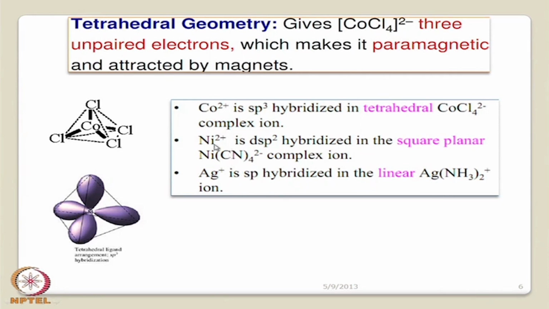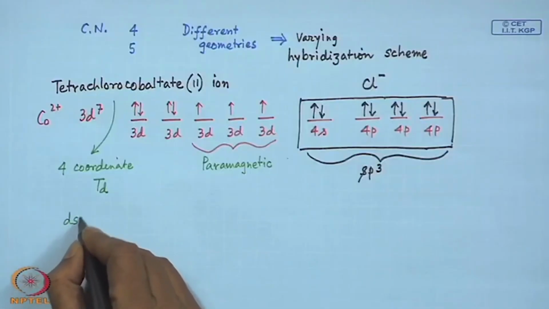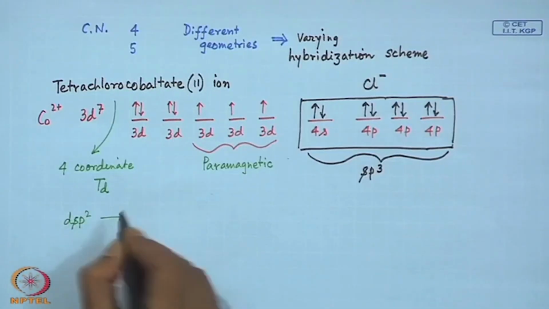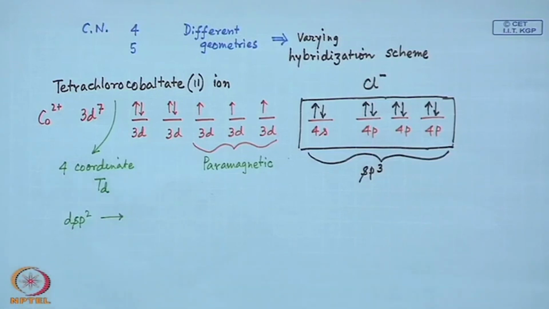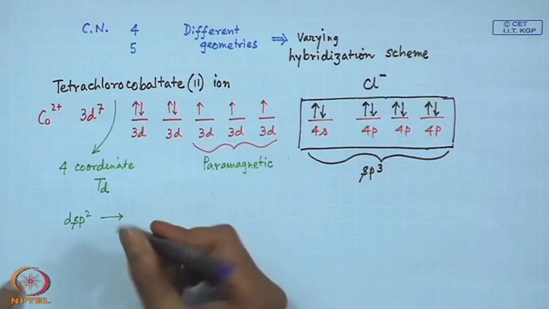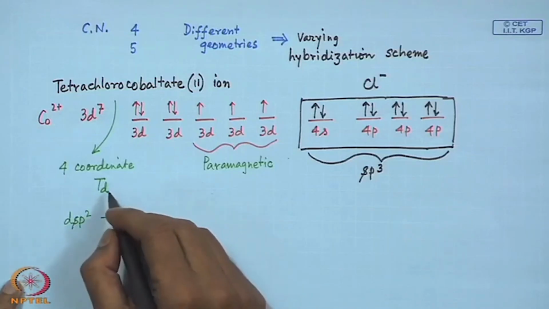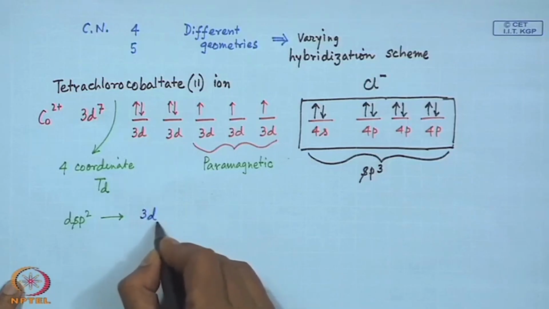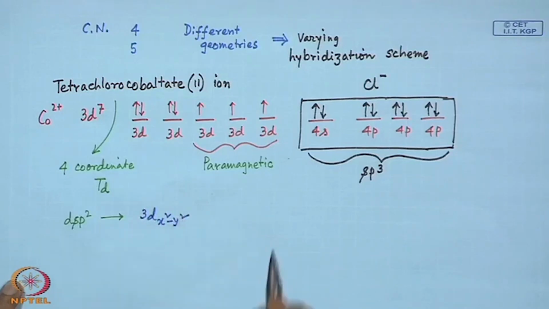But what happens if we have the corresponding nickel in +2 oxidation state? Because we know that reaction of nickel 2+ with CN minus gives rise to this particular Ni(CN)4 2- complex species. Now the hybridization scheme is different, which is dsp2. So this dsp2 hybridization for the tetracyanonickelate compound is such that it is square planar, therefore it involves 3d x square minus y square.